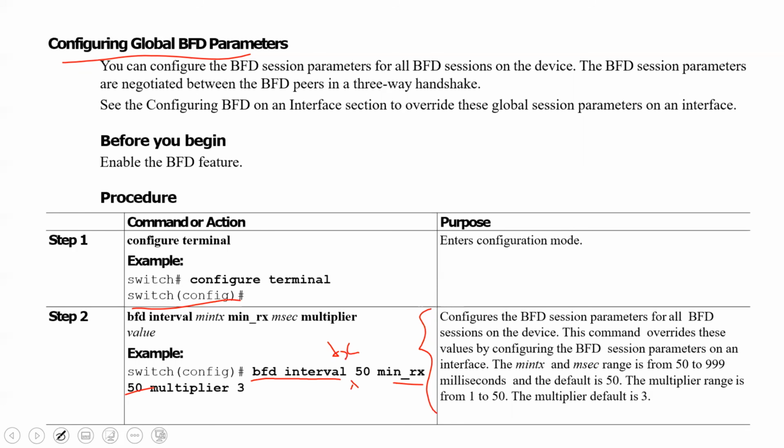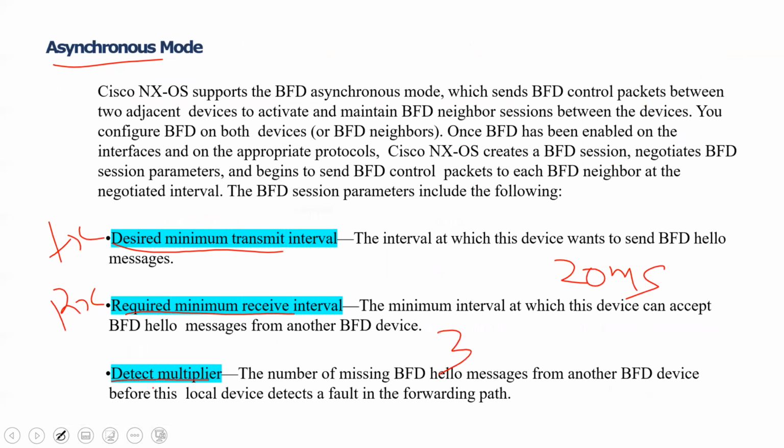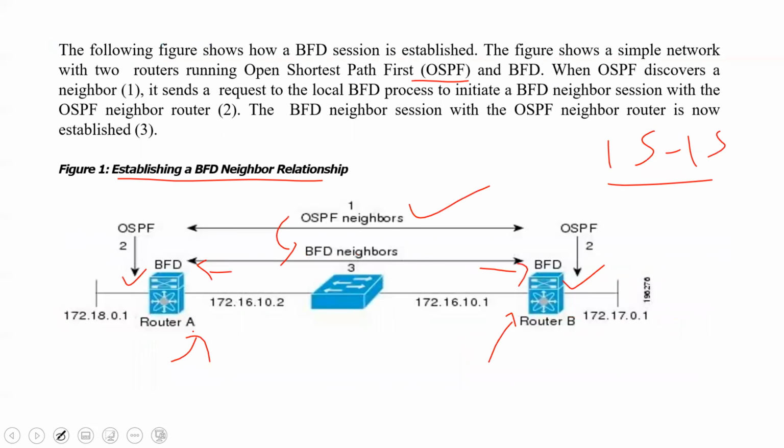We have discussed what TX and RX mean. You can refer to this particular slide as well. Minimum transmit interval is the interval at which the device wants to send BFD. Minimum receive interval is the minimum interval at which the device can accept BFD hellos, and then you have the multiplier.